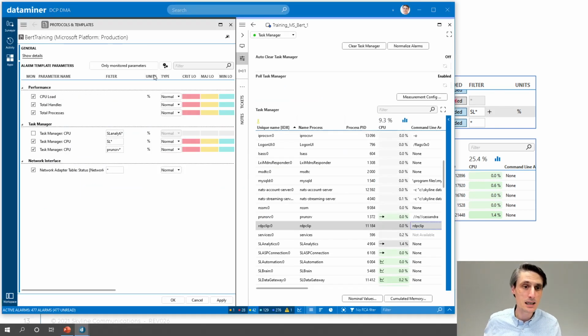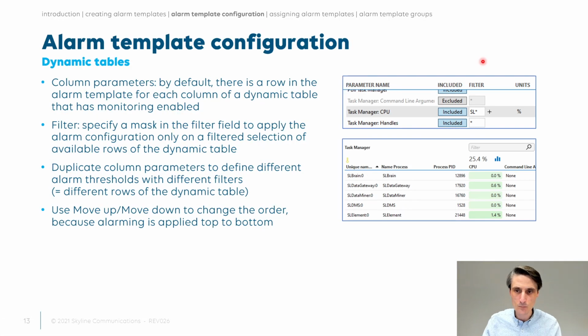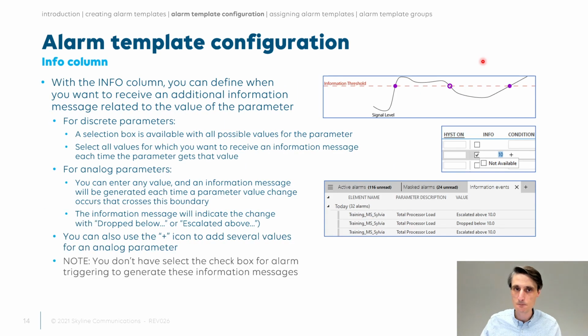Of course, in my case, my first case, the print server and the SL star was completely separate, so it doesn't really matter the order. But if the filters are overlapping, make sure that your narrowest filter is on top. Okay, very important, the filtering and the alarming on dynamic tables.